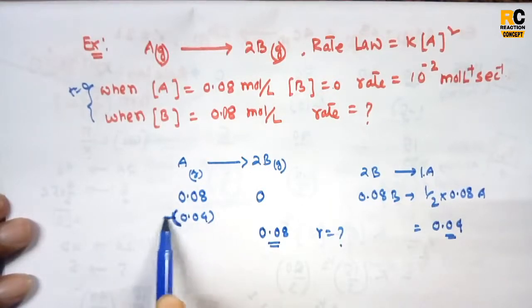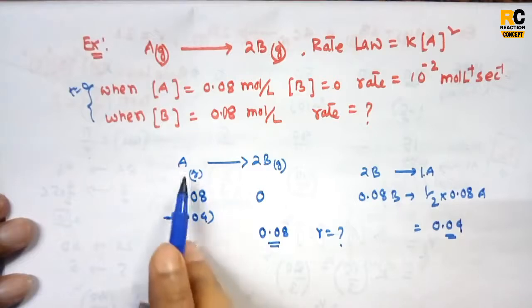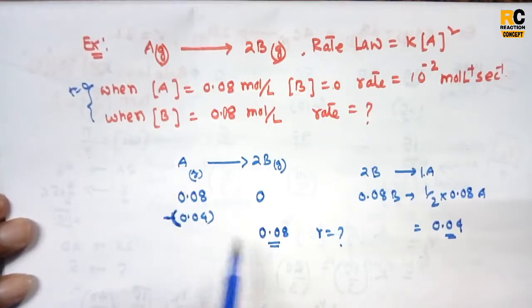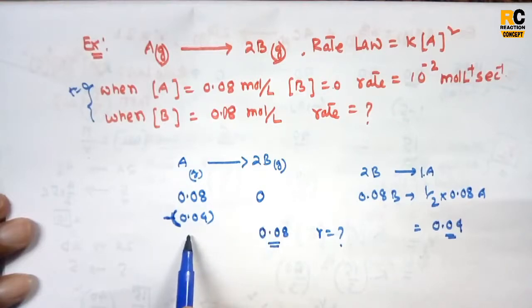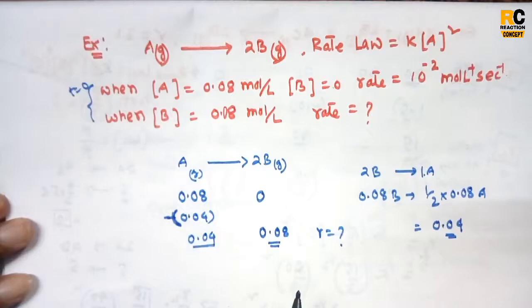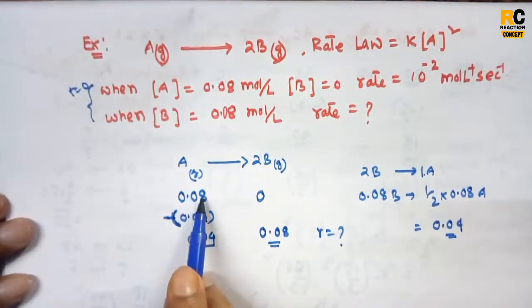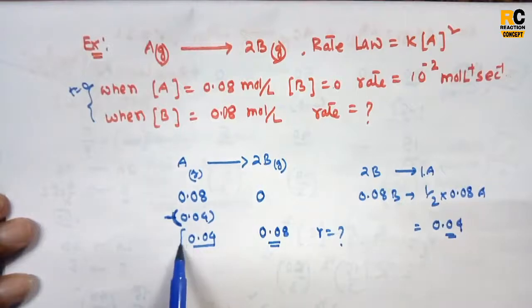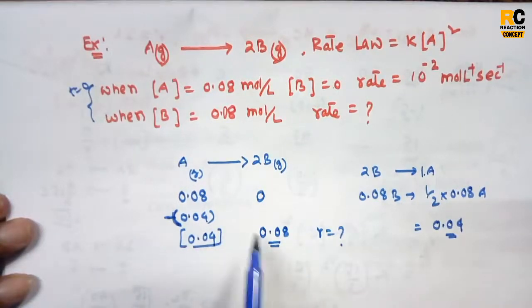Okay. So the amount of A at time T where 0.08 of B is there would be 0.04. We just got this value by subtracting from the initial concentration. So it is the concentration of A and it is the concentration of B at T equal to T seconds.